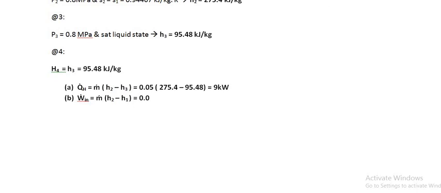So this is equal to 0.05 into 275.4 minus 239.19, which is equal to 1.81 kilowatt. As expected, the work input is pretty low compared to the heat which is rejected out of the refrigeration cycle.